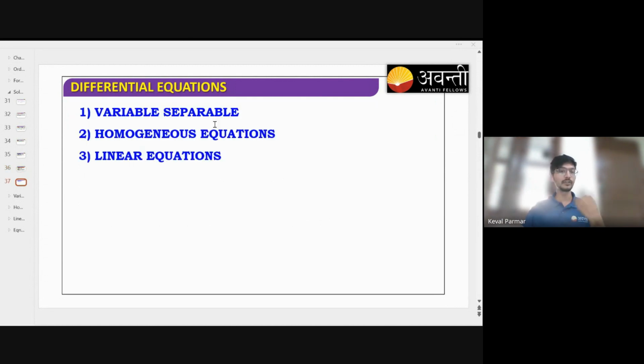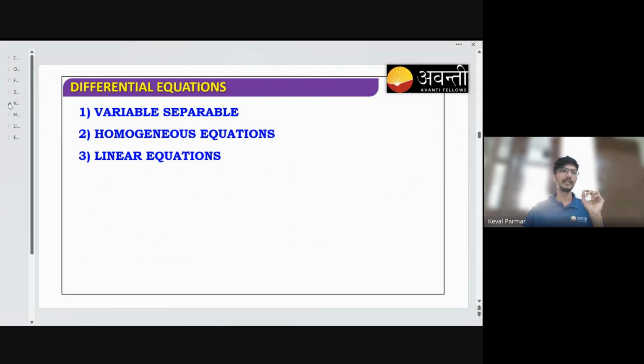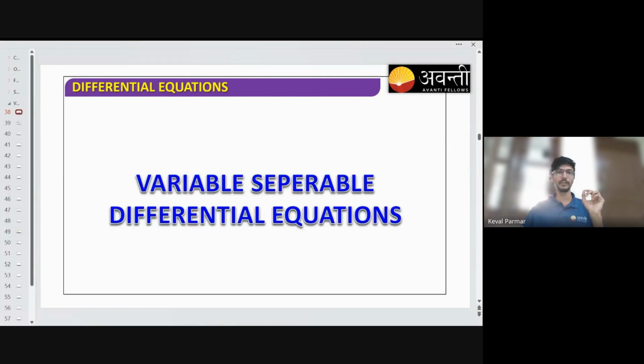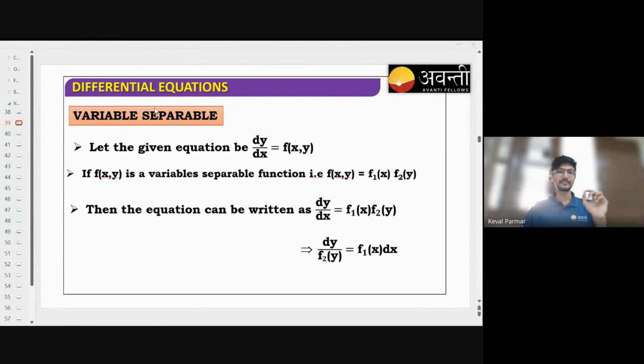So the first type we are going to discuss is the variable separable type. Variable separable differential equations. What is meant by variable separable? If there are any doubts, you can say, or give me a thumbs up, so we'll proceed with the class.